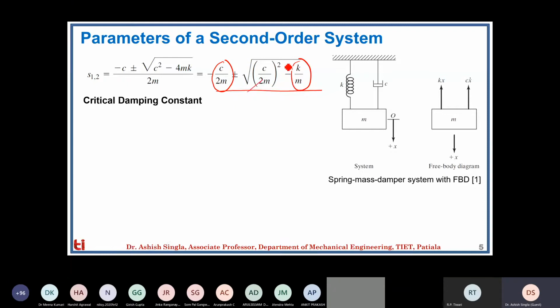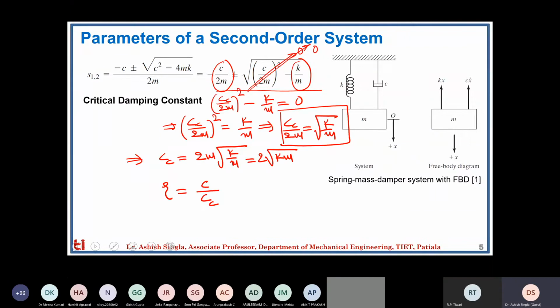Once this radical goes to 0, that is called the critical damping coefficient, which we write as Cc, a special name. So Cc by 2m squared minus k by m should be equal to 0. From there we can calculate the value of Cc as 2 root km, or 2m root k by m. This is how we can calculate it.